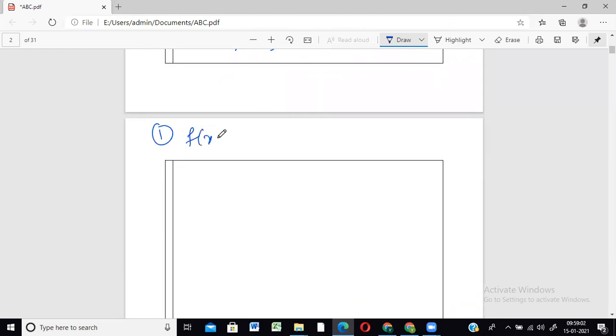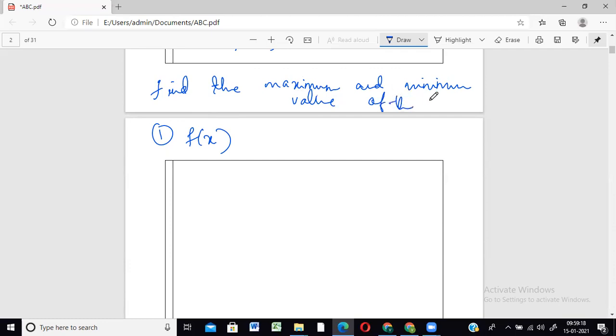For example, this is a question, and they're telling you to find the maximum and minimum value of the function 3x cube minus 9x square minus 27x plus 15.